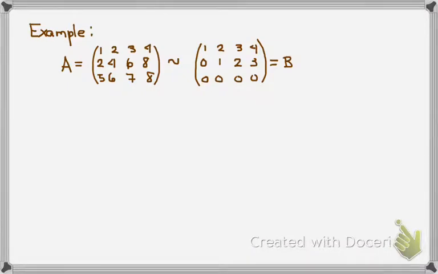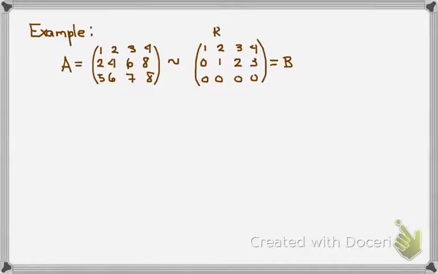So here is the same matrix that we looked at previously, where we found the row space of the matrix. And now we're going to find the basis for the row space. So all I've done is taken this matrix and put it into row echelon form.